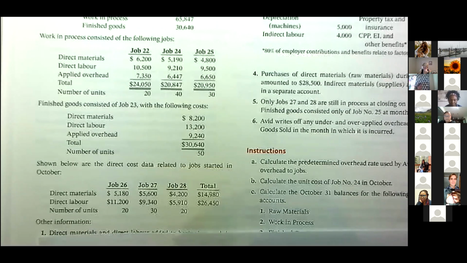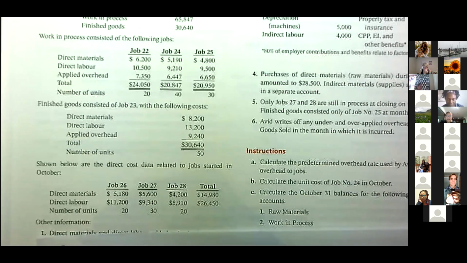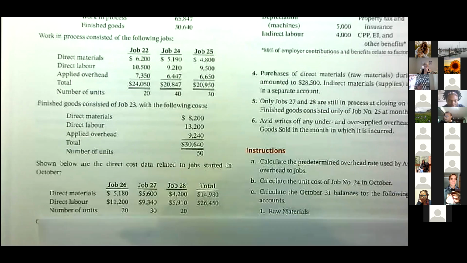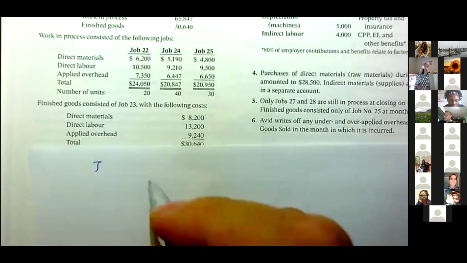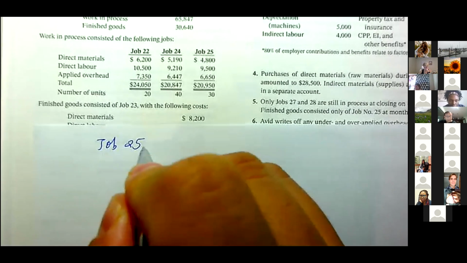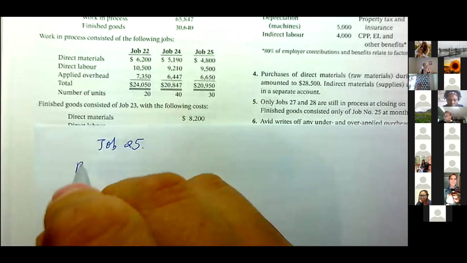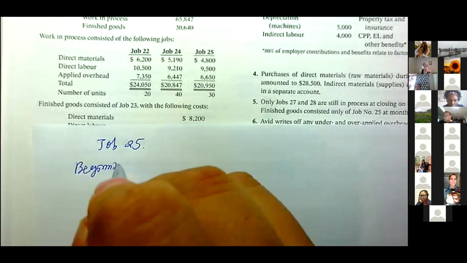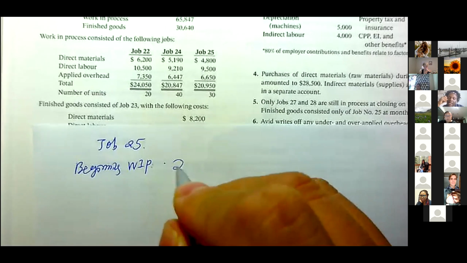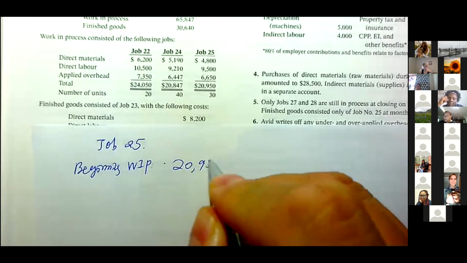So let's figure out job 25. What is the total manufacturing cost of job 25? That will be the ending balance for finished goods. We know the beginning work in process, so that would be 20,950.